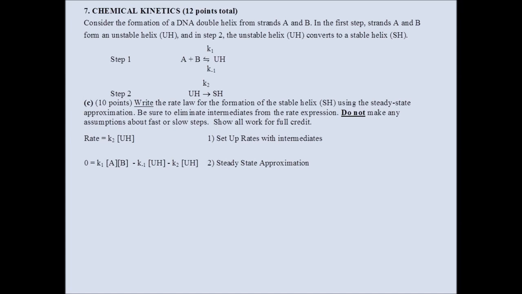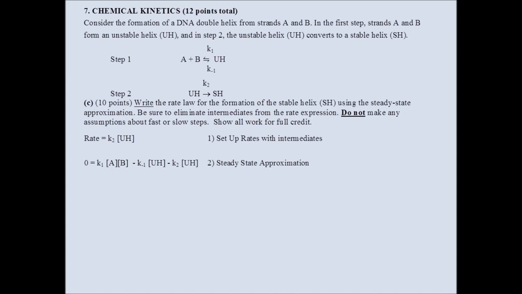So for the steady state approximation, 0, which is the rate of change of the unstable helix, is going to have 3 sources. So the rate of change of the unstable helix is increased by the first reaction running forward, decreased by the first reaction running backward, and decreased by the second reaction. So we have the rate law for each of those with the appropriate sign.